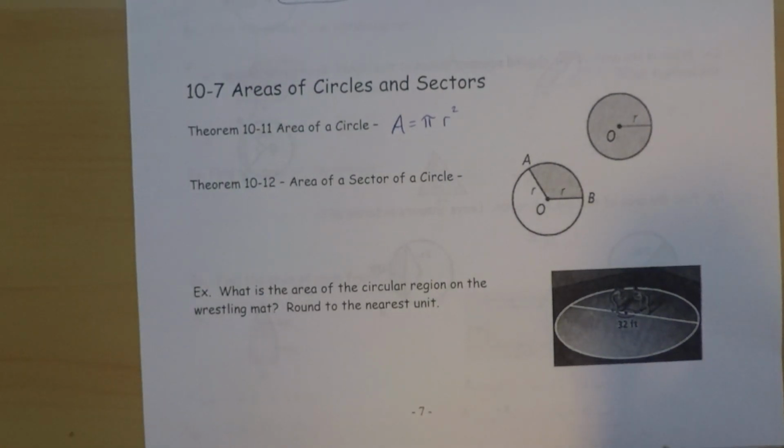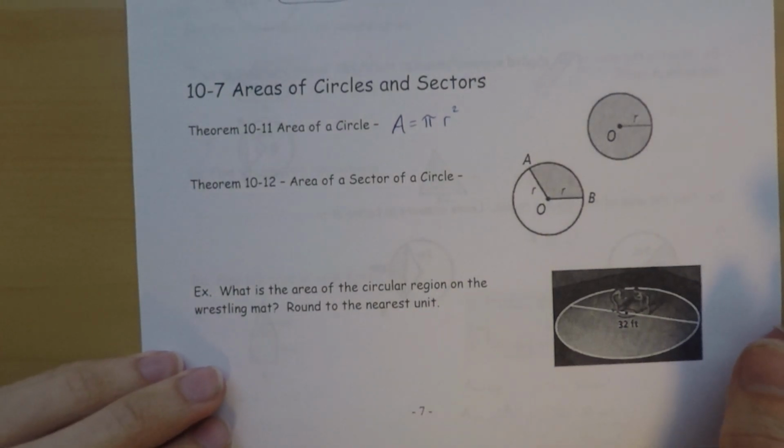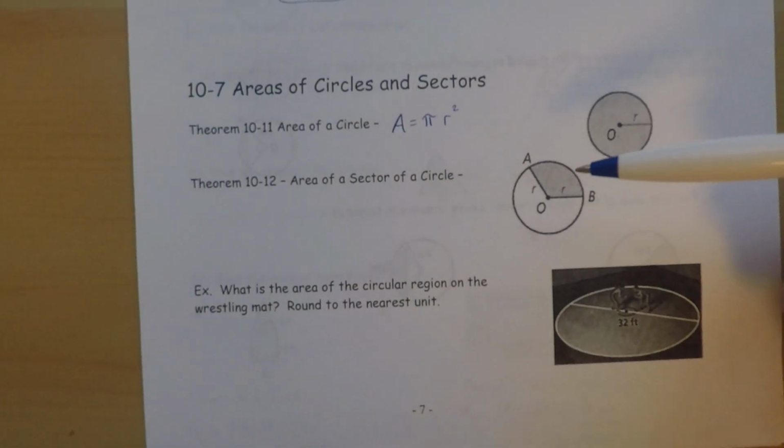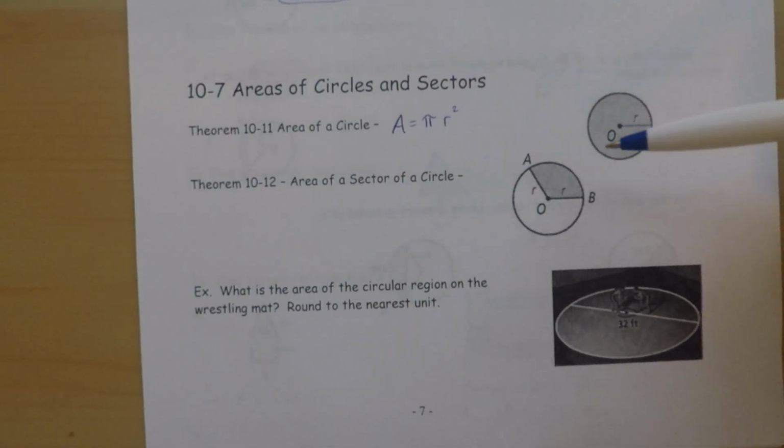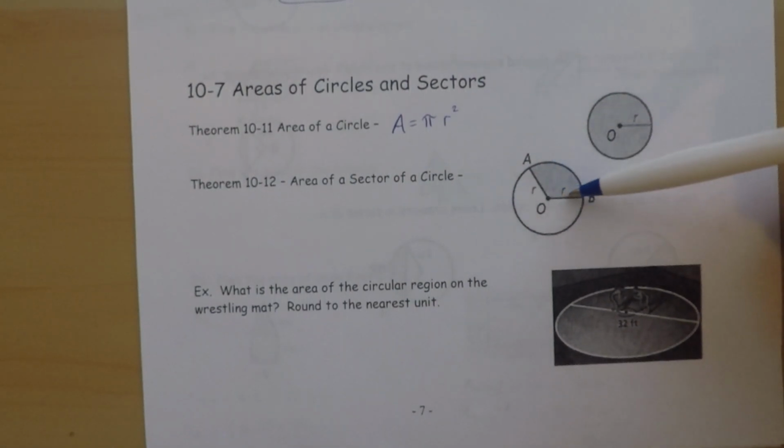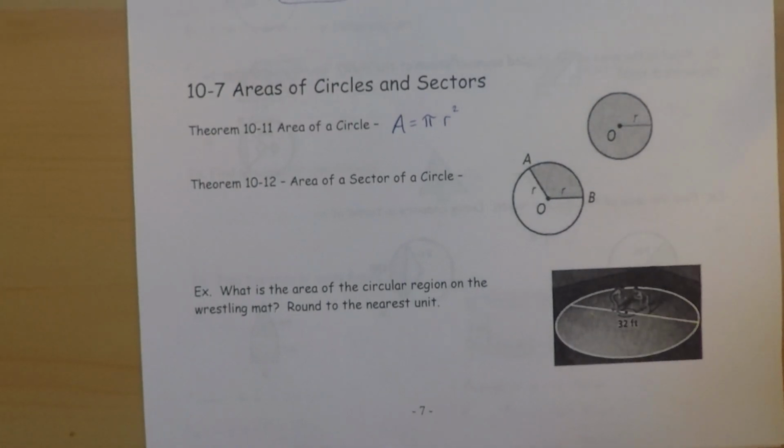To find the area of a sector of a circle, a sector, again, geometry, I like pictures. That helps explain what a sector is, a part of a circle. In common language, think about a sector as a pizza slice. A sector is a pizza slice.